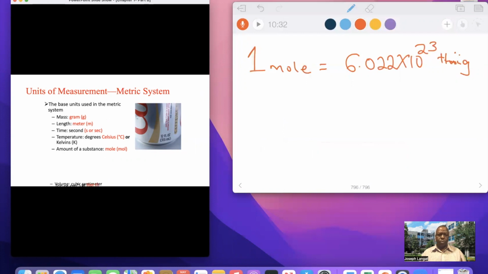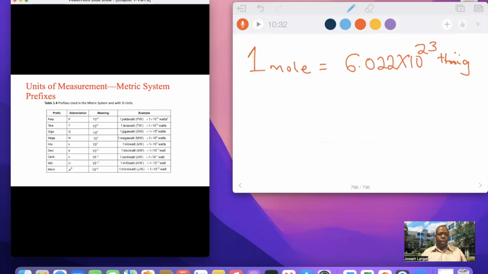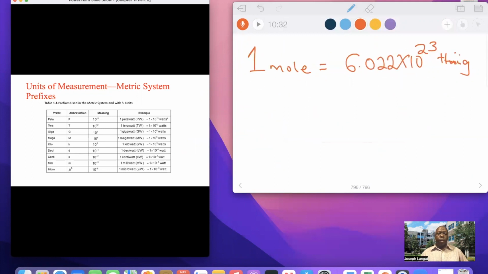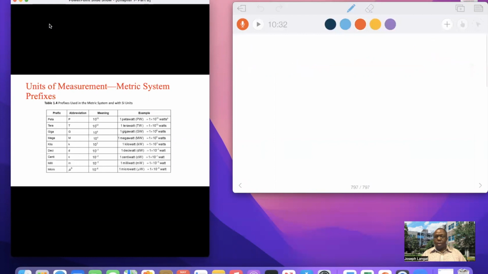Here, cubic milliliters. These are the prefixes used in increasing or reducing the base unit in the metric system. Please, you need to know the prefixes.